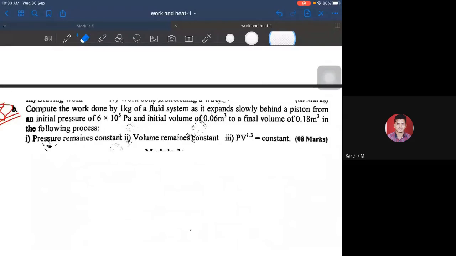What about the remaining? Make it fast. We have to end this module today.